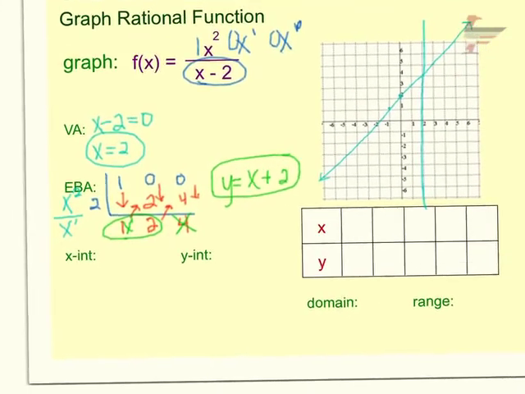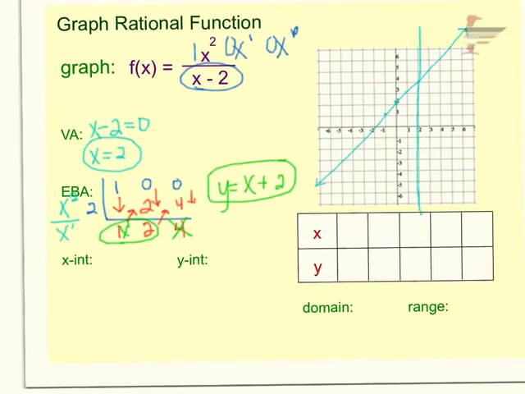Alright, so continuing on, we have our x-intercept. To find an x-intercept, you will plug in 0 for y, so we'll have 0 equals x squared over x minus 2. And remember, if you make that 0 over 1, you can cross multiply. 0 times x minus 2 is 0, equals 1 times x squared is x squared.